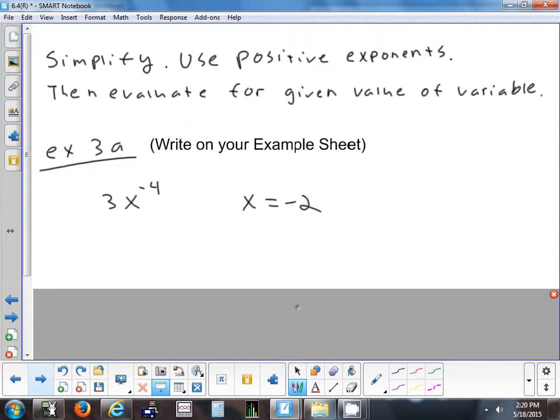All right, so look at these directions. Okay, they say, three A's on your example sheet, guys, the blanks. Okay, two parts: simplify and then evaluate. So first thing, let's get rid of all our negative exponents. After we do that, okay, guys, it's getting a little loud. After we get rid of negative exponents, I want you to plug in that number for x.